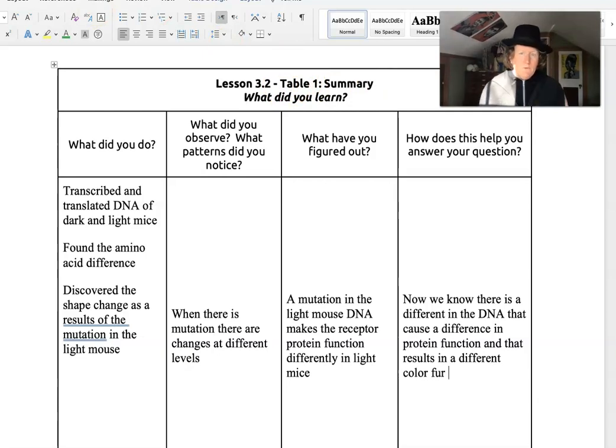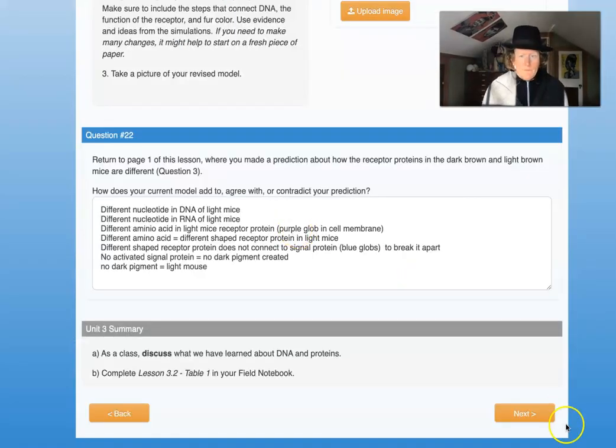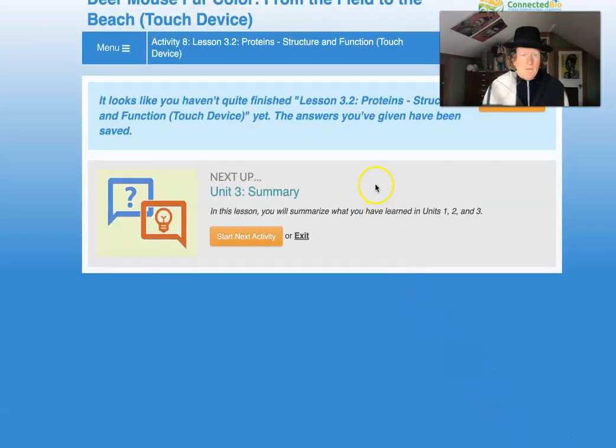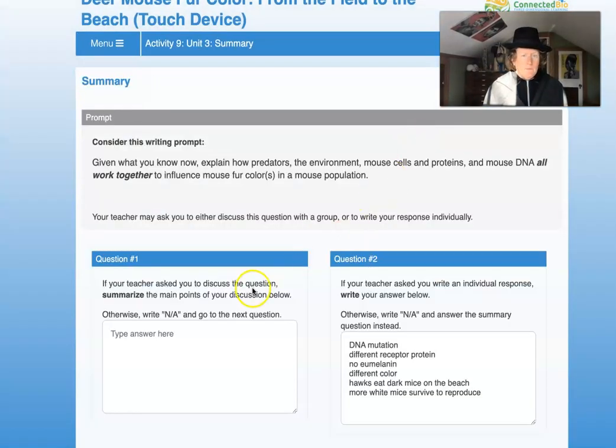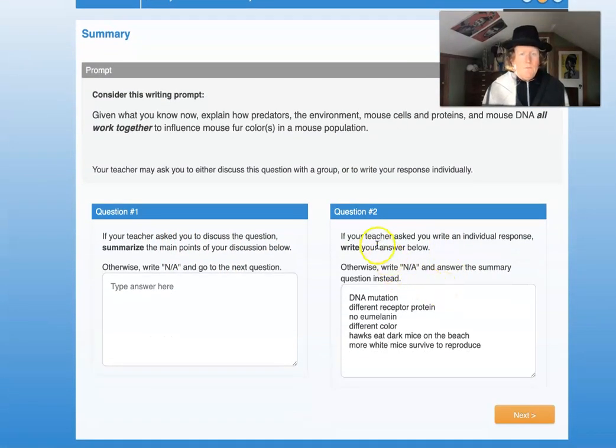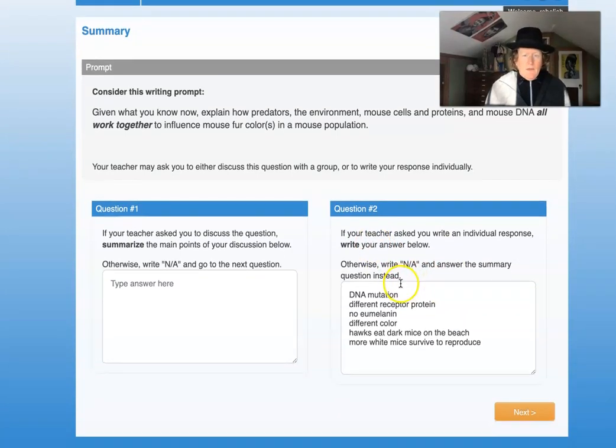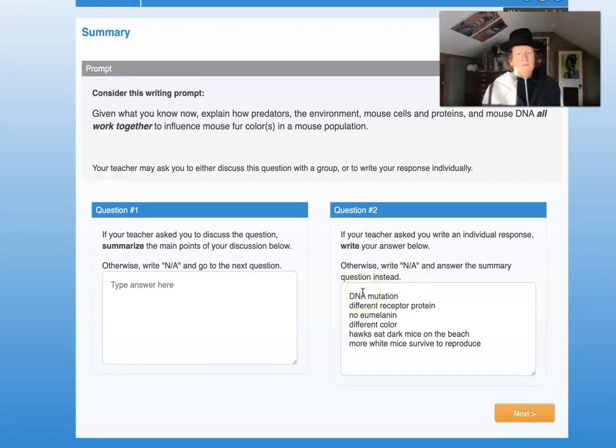And this is going to help us form our answer for when we go to the next page here, where there's a summary lesson, and we're just going to jump right into that summary lesson. And I've put a word bank here for you. You can write an individual response, and here is a word bank. You want to mention a DNA mutation. You can mention transcription to RNA.